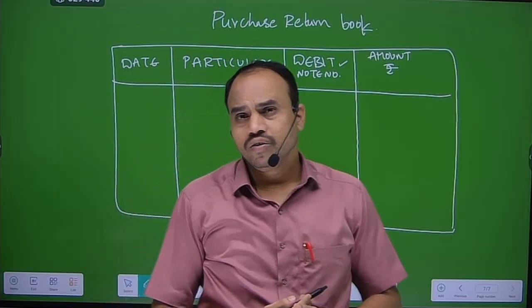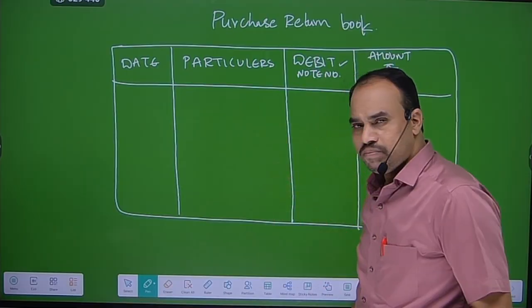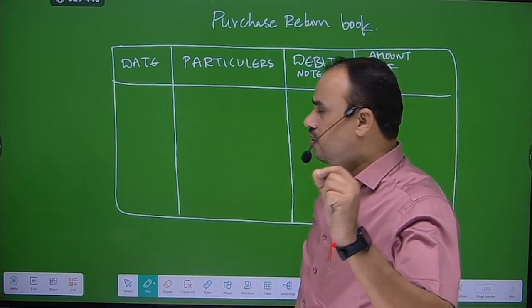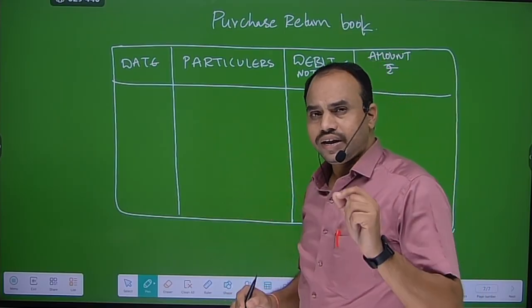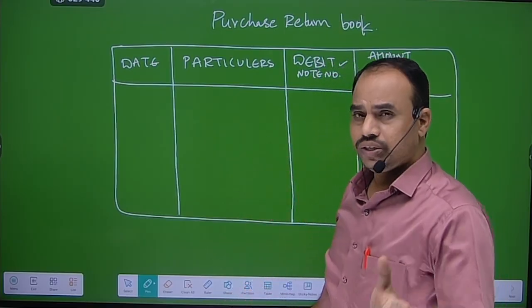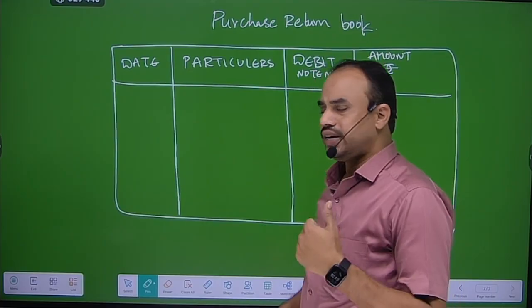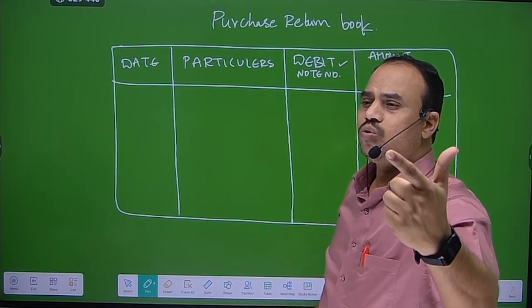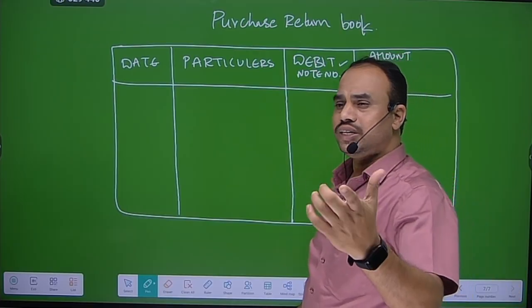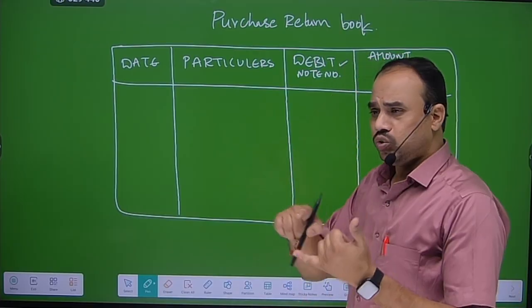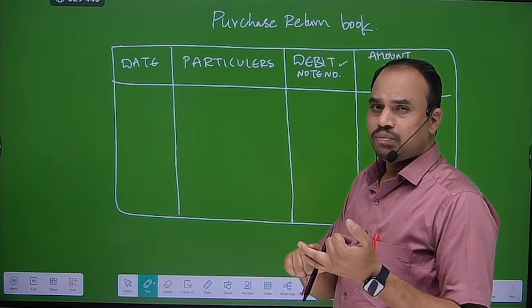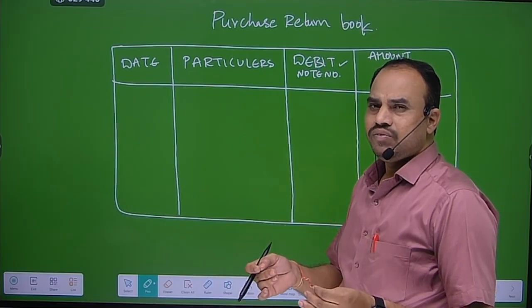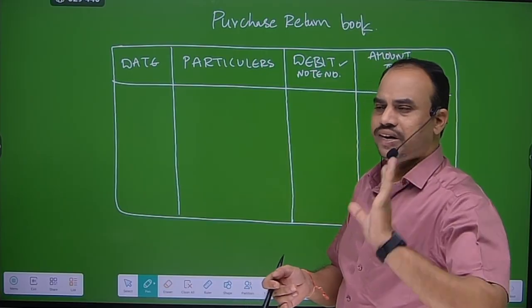And what does the debit note contain? The debit note contains the name and address of the supplier who supplied the goods. Second, the reasons for returning the goods, because goods are damaged or broken, whatever the reason is, we will mention it there.